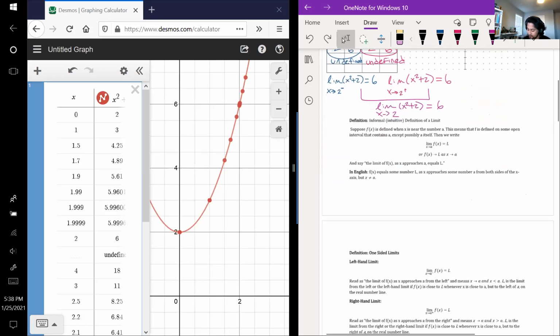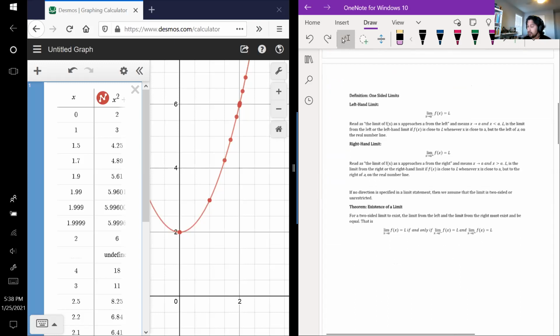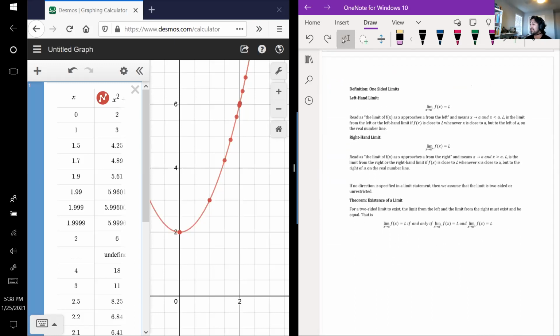And then the last one is the existence of a limit. For a two-sided limit to exist, the limit from the left and the limit from the right must exist and be equal. So this says the limit as x approaches a from both sides.